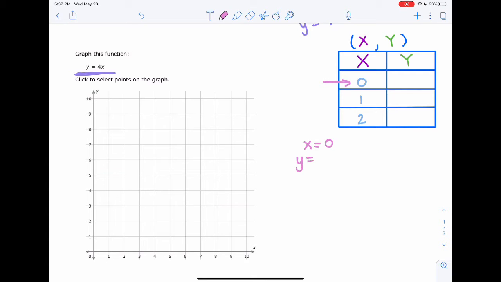So when x equals 0, I'm going to substitute that for the equation y equals 4x. So y equals 4. x is now 0. So I'm going to substitute it in. So y equals 4 times 0 is 0. So when x equals 0, we get that y equals 0.